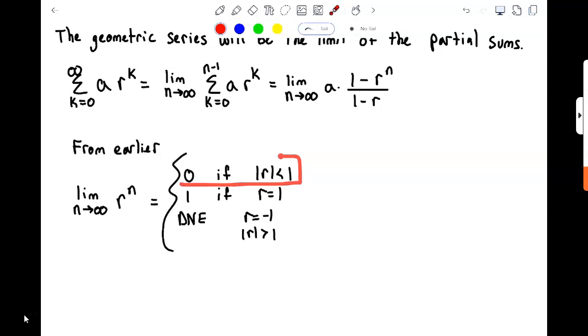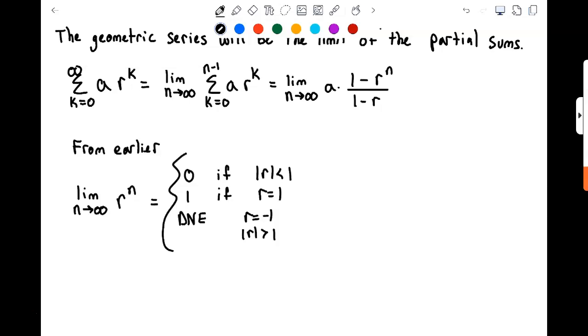But if the absolute value of r is less than 1, then r to the n is going to go to 0.